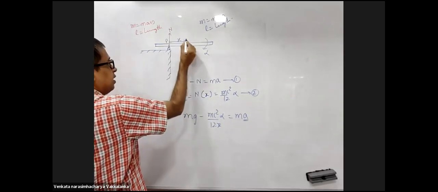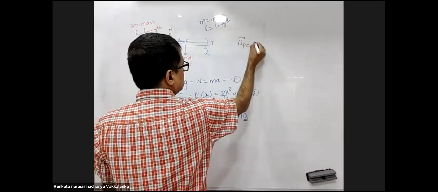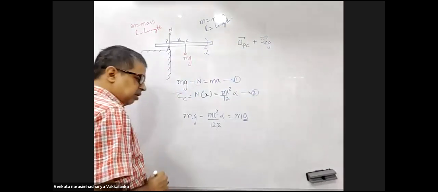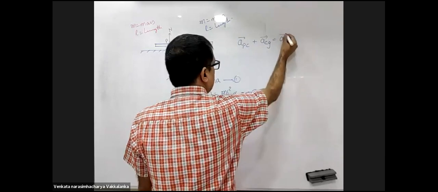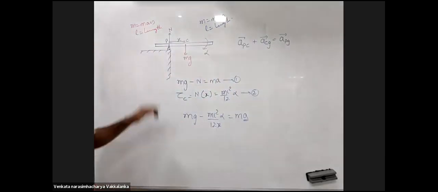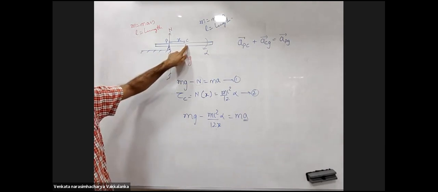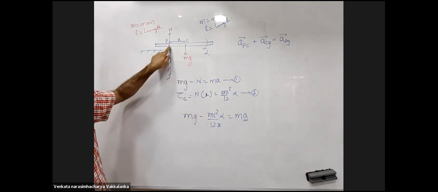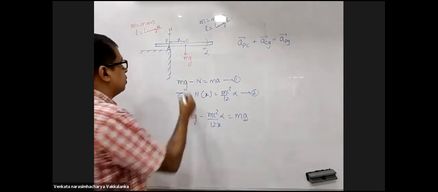Call this point as peg P. Acceleration of the peg with respect to center of mass plus acceleration of center of mass with respect to ground is acceleration of point P with respect to ground.